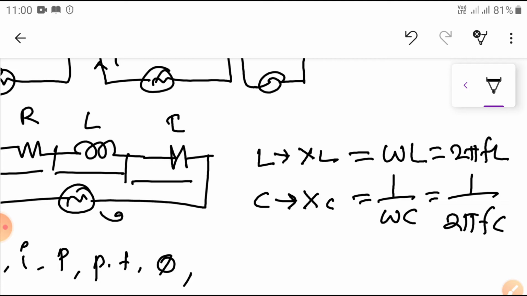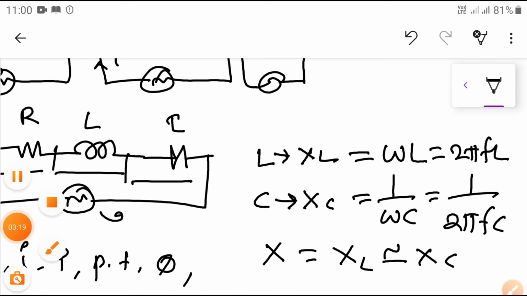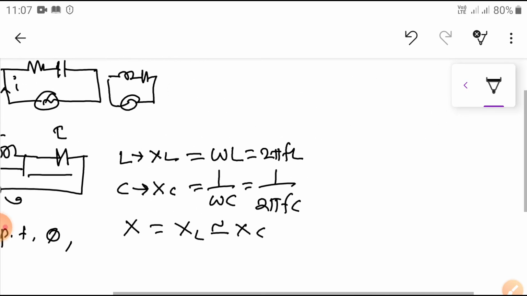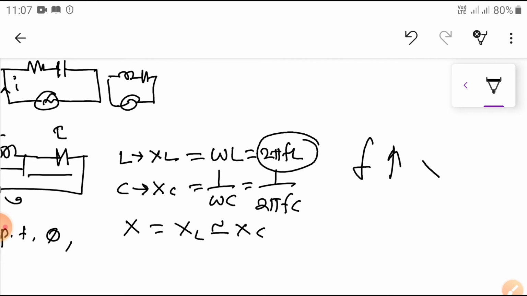Now here you can see that X is equal to XL minus XC. You have to subtract the smaller value from the bigger one. Here XL depends upon the frequency. If the frequency increases, the XL value also increases.